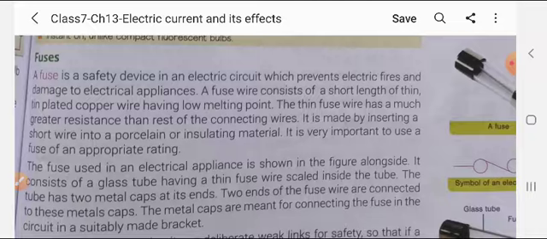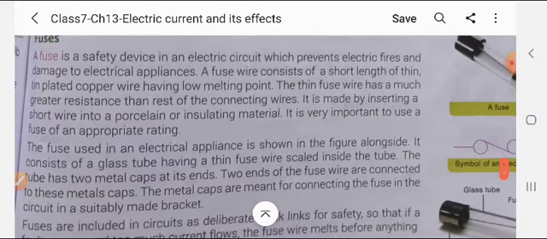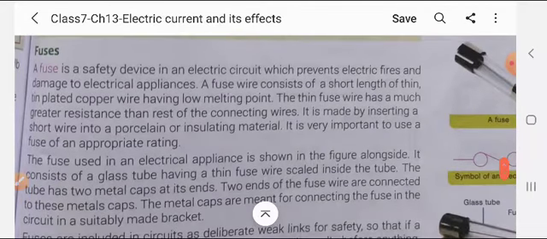Sometimes heavy electric power reaches our homes and destroys expensive electrical appliances. So to avoid such loss, a fuse is used in the board so that if a heavy electric supply comes, then the fuse will burn and the circuit will break.